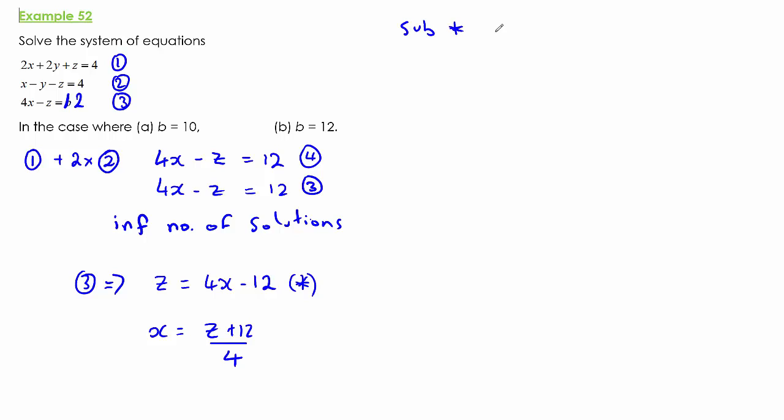Substitute star into equation 2. We then get x, take away y, take away 4x minus 12 is equal to 4. So minus 3x minus y plus 12 is equal to 4.